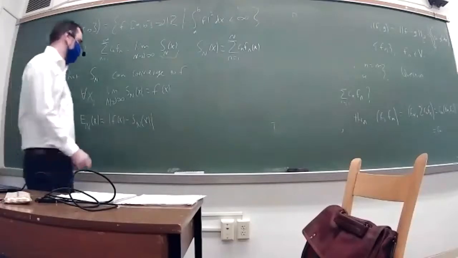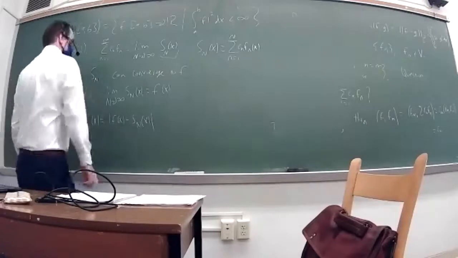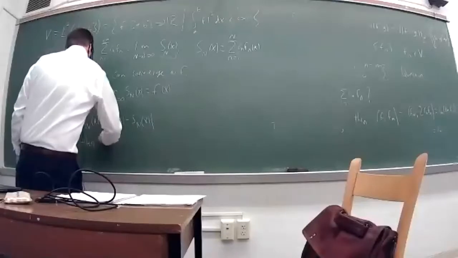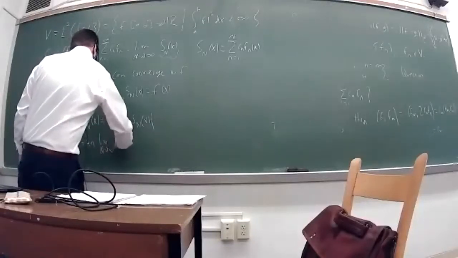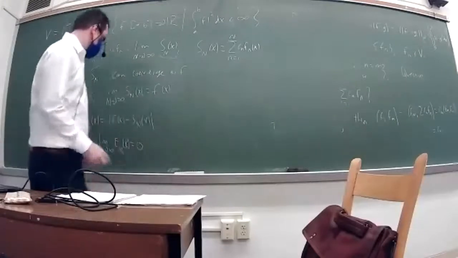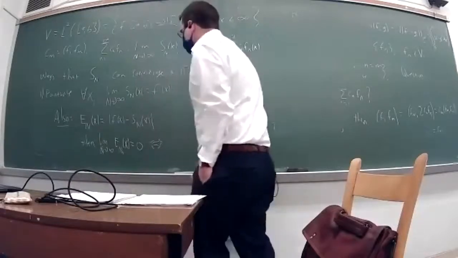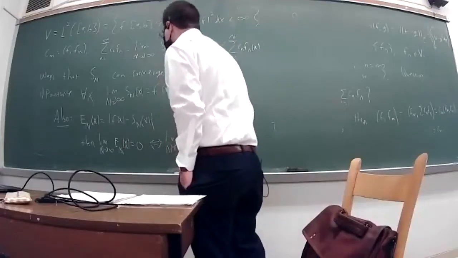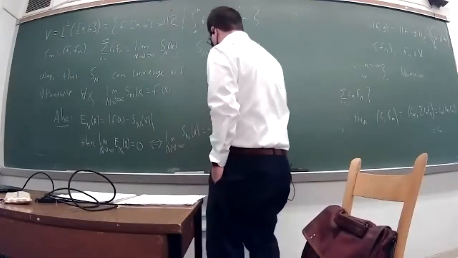And you could say that, instead of the limit of s of n equals f of x, you could say that the limit as n goes to infinity of the error is equal to 0. This is equivalent to saying that the limit as n goes to infinity of Sn of x equals f of x.